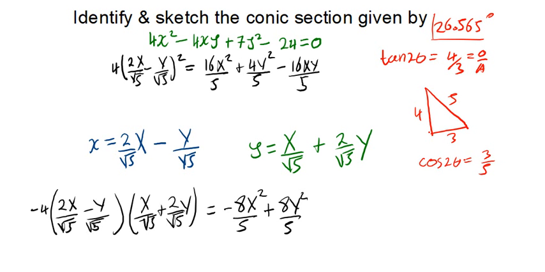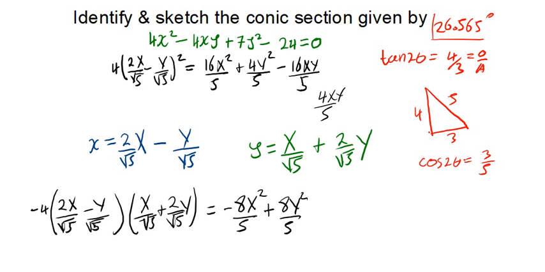Then the other part, how is this going to be? Okay, this is likely going to give you minus 12, because if you multiply this 2x by this 2y, you're going to get something like 4xy divided by 5.